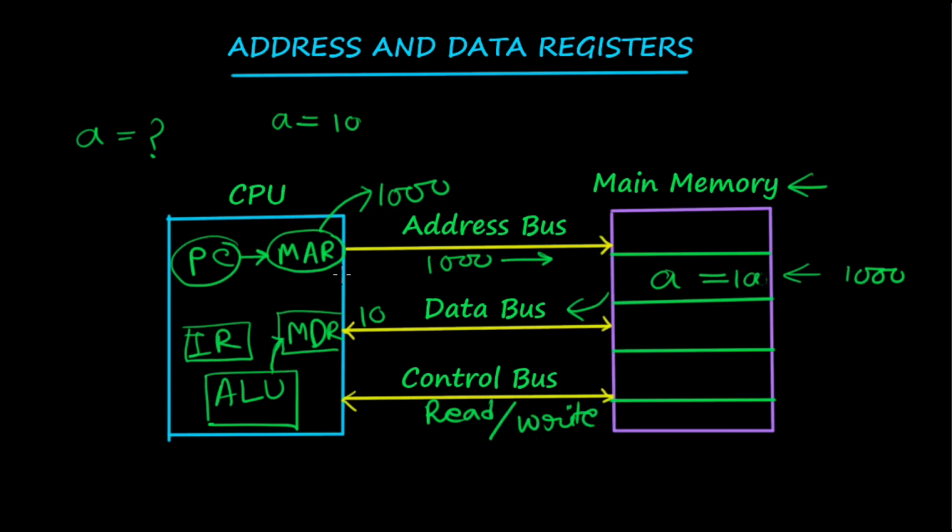After the MAR is updated, the control unit will issue a control signal. If it is a read operation, it will send read signals, so read will be enabled. If it wants to write something, it will enable the write signals. From these control signals, main memory will know whether to read or write.